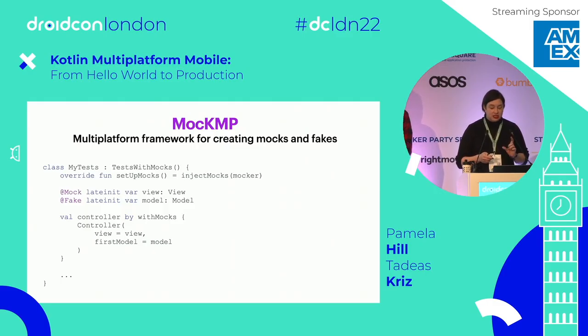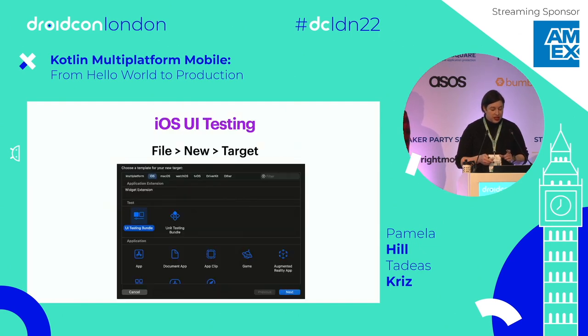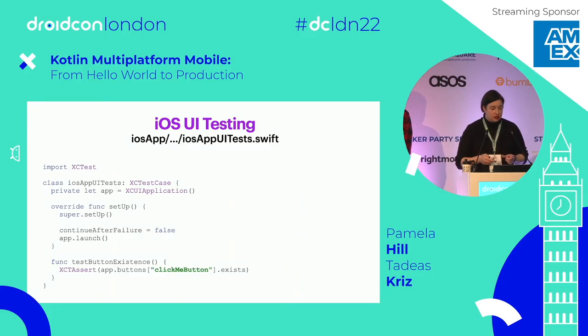I'd just like to quickly show you what iOS UI testing looks like, just a little taster. You basically use the UI Testing Bundle option in iOS's Xcode, and then you have this template code that you can use.